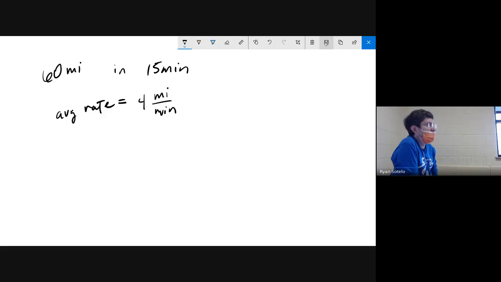So 60 divided by 15. Time is usually on the bottom. So if it's like beats per second or beats per minute, revolutions per second, usually the time goes on the bottom with a rate.